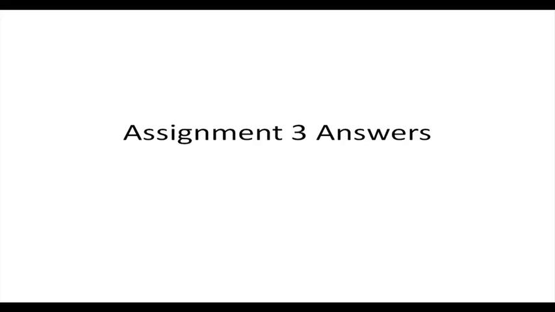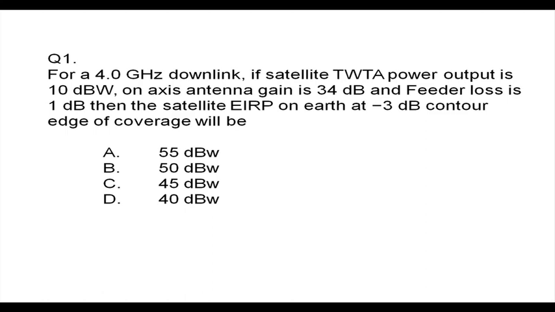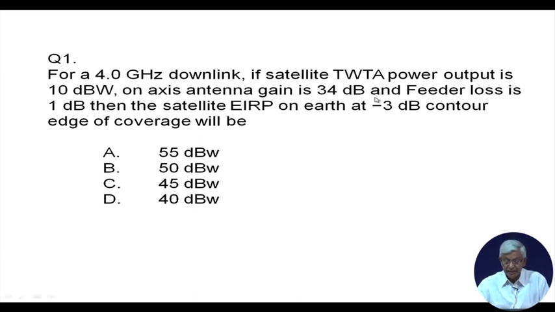So, let us start. The first question is: for a 4 gigahertz downlink, the satellite TWTA power output is 10 dBW. TWTA stands for travelling wave tube amplifier.